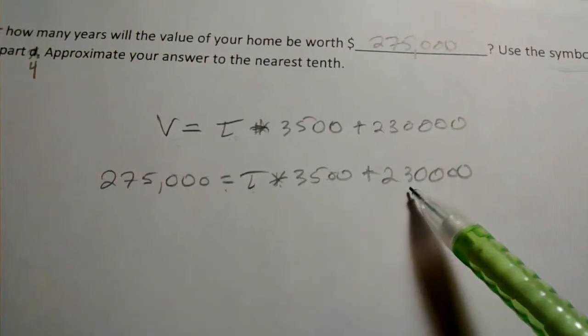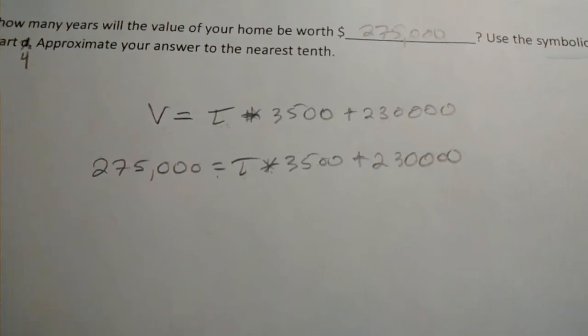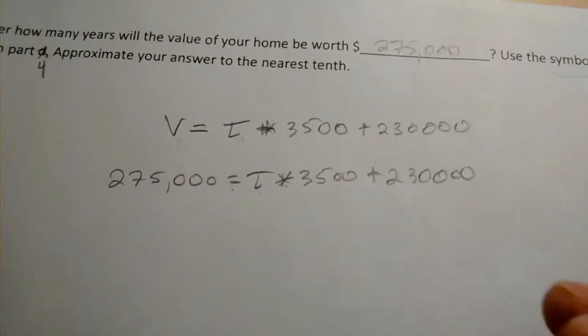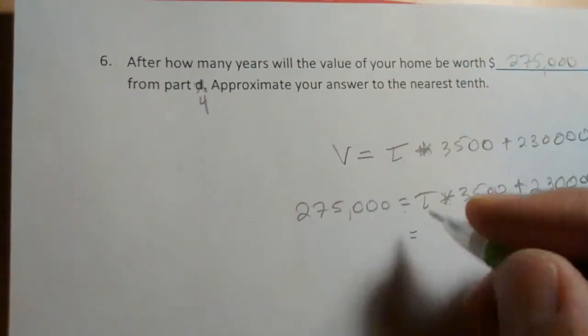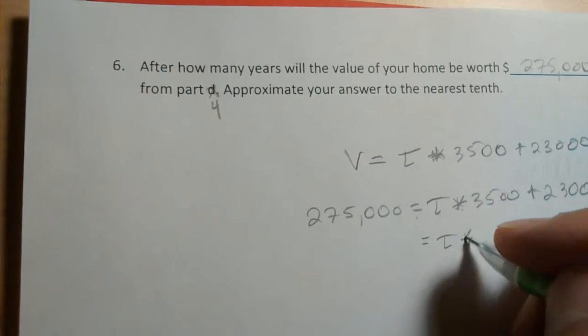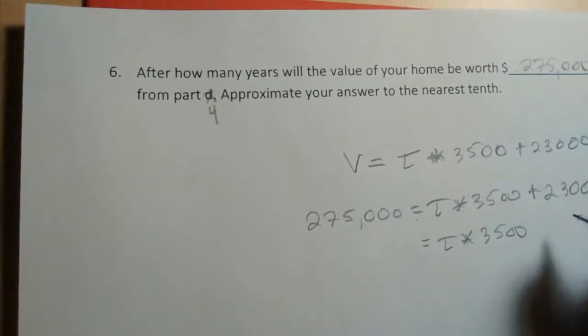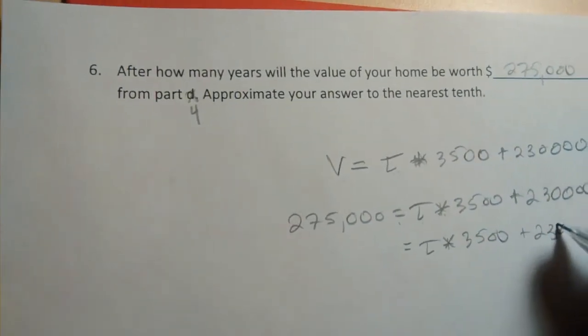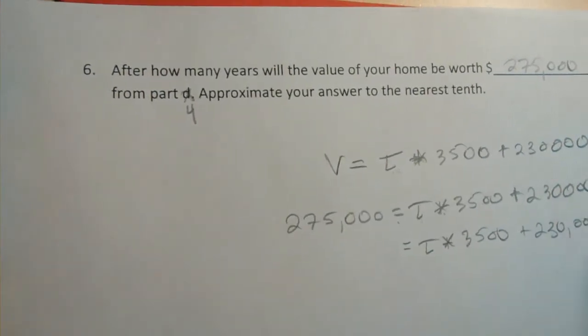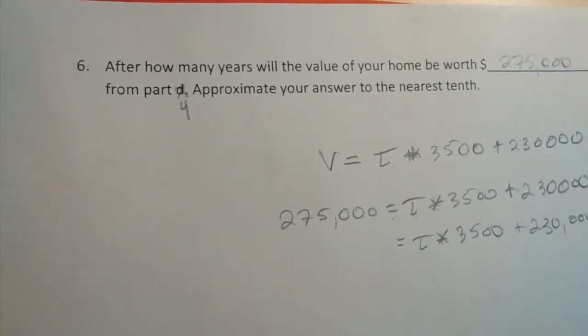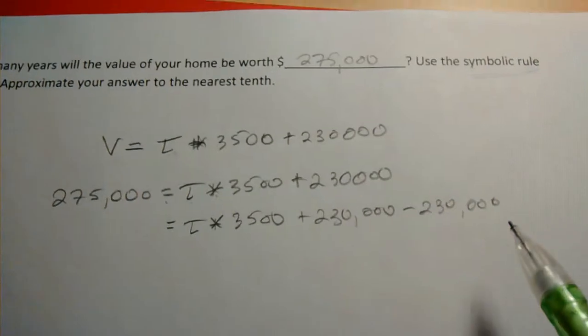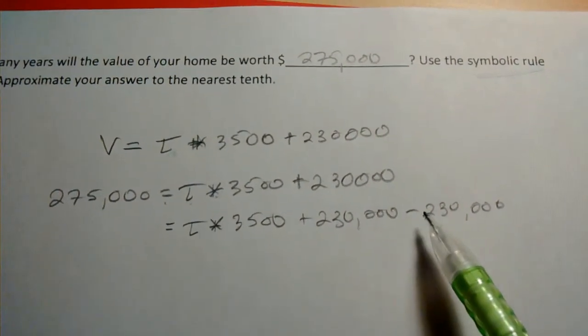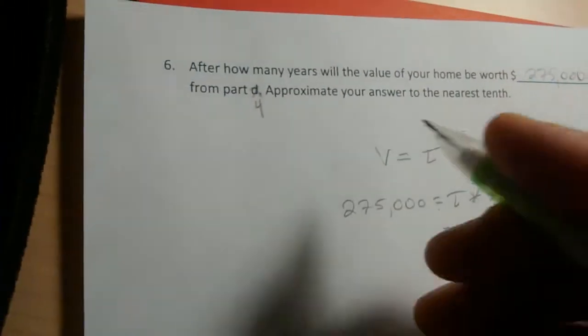In other words, undo this addition first, and that's done by subtracting that amount. So I'm going to subtract off 230,000 from that right side, and if I do that to the right side, I've got to do that to the left side.